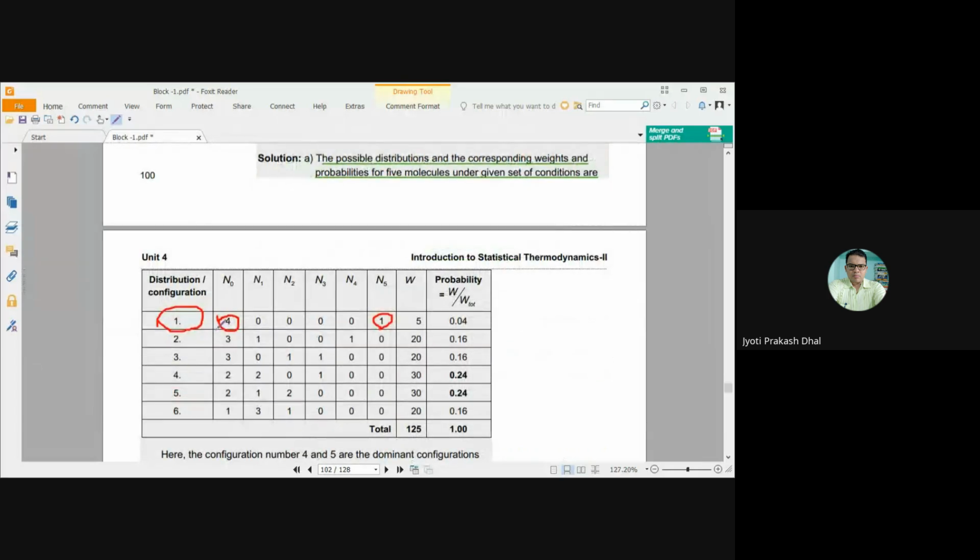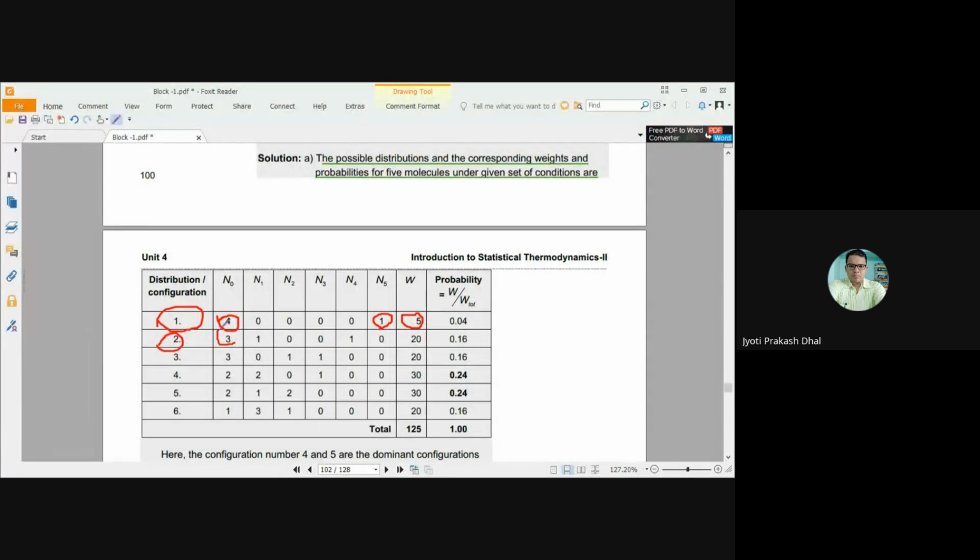So the total energy of the system will become 5. And here W equals 5.